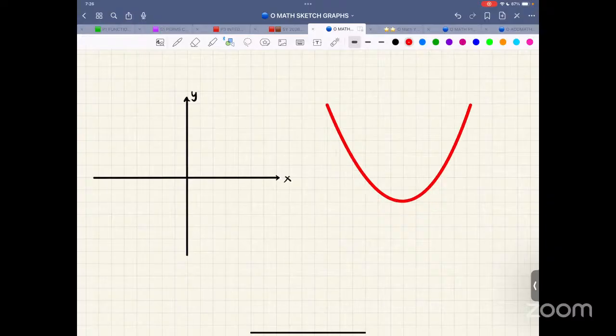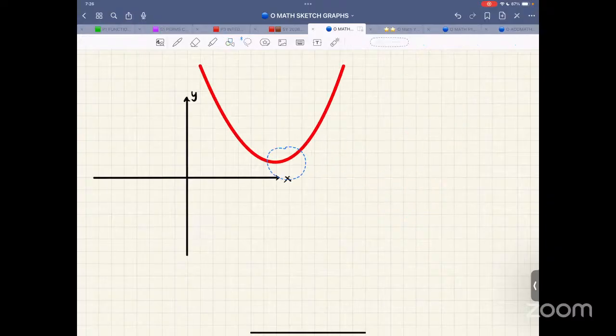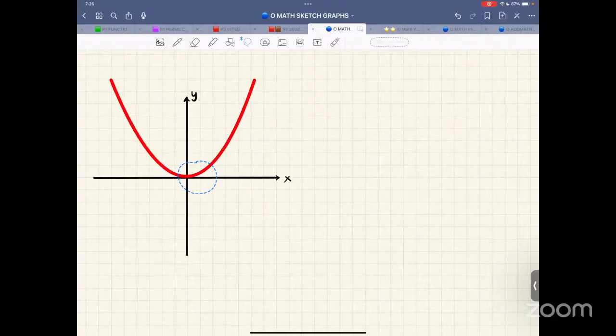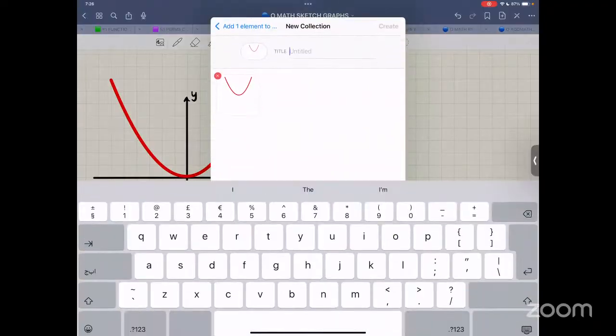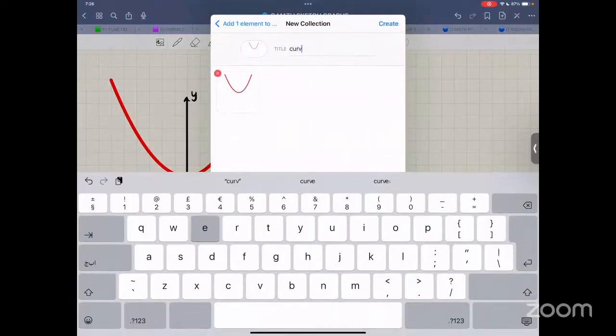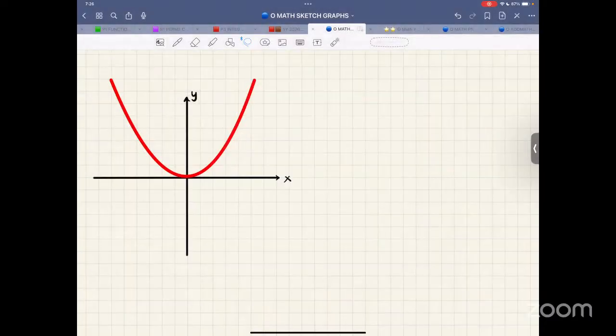Okay. And let me just paste it over here. That is the first one. That is the quadratic. And let me just copy it, and let me add it as an element. Okay, so this is a new collection and this is curve. Okay, that's the first one.